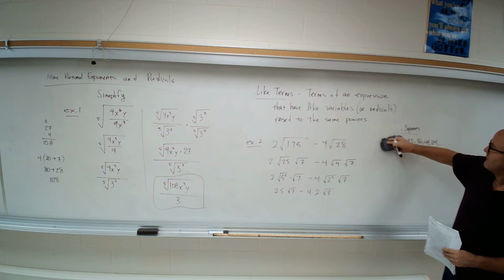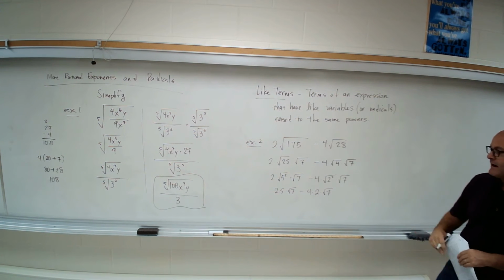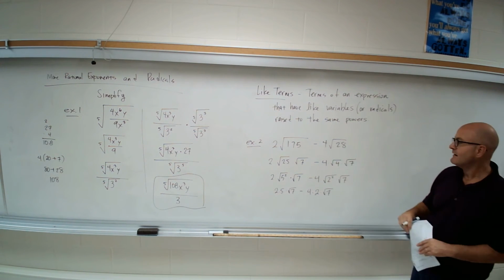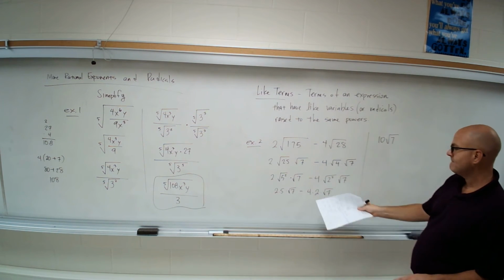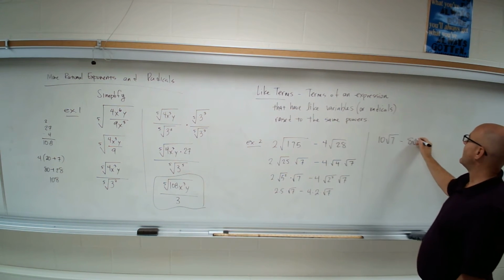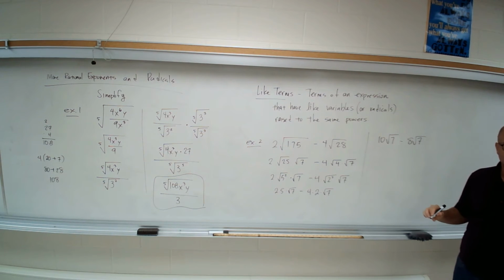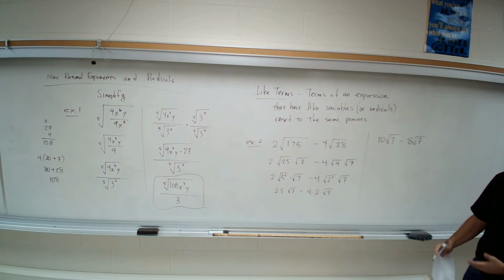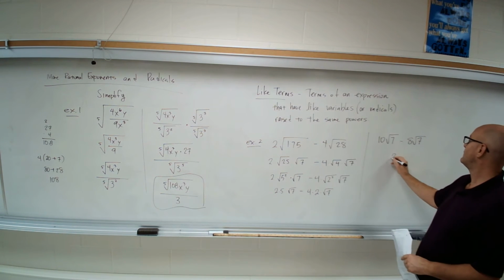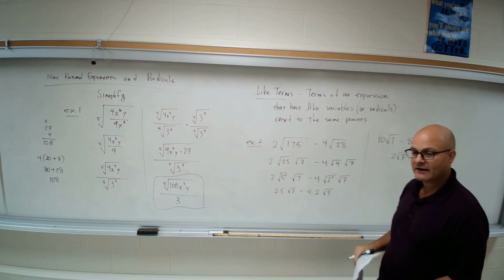Get rid of these perfect squares here. And then from here, we can do 2 times 5, it's just 10 radical 7, minus 8 radical 7. Well, you have 10 of something, you get rid of 8 of them, you got 2 of them. So 2 radical 7.